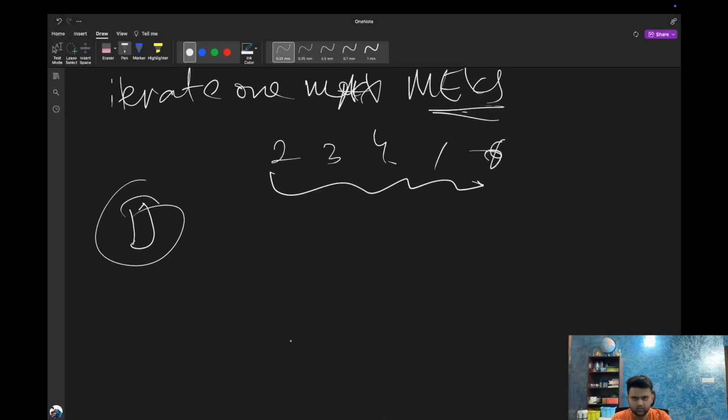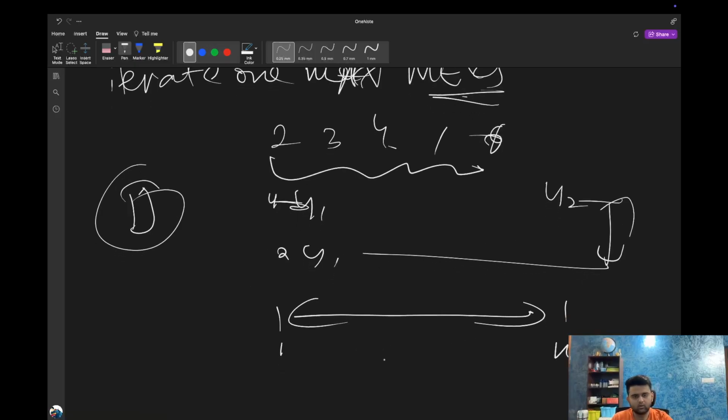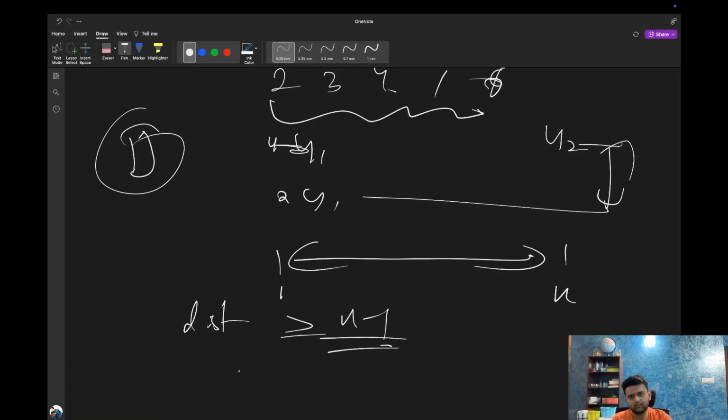So what I'm saying is, if you have 1 and then you have n, with y1 and y2, the Manhattan distance would be this plus this. So the distance should be at least n minus 1. If the distance that I get is less than n minus 1, then I know it's a graph.